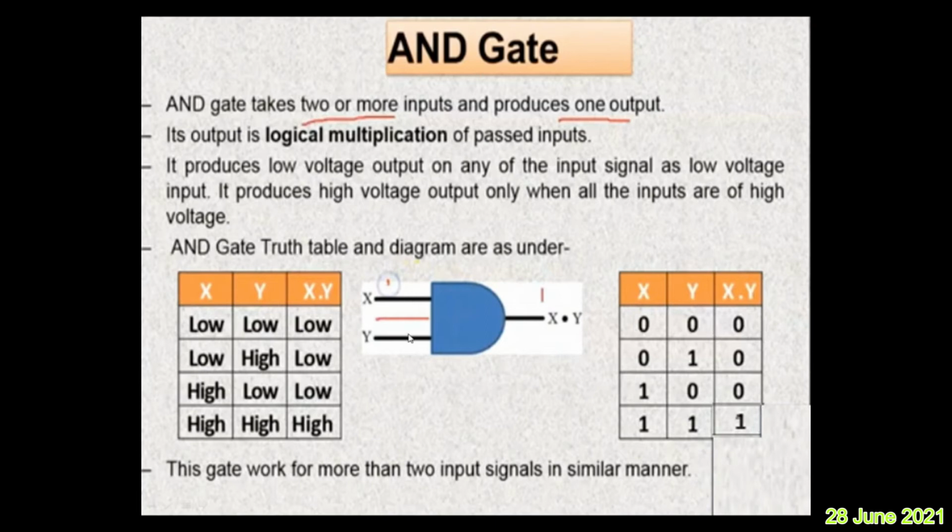X and Y are the inputs shown here, right? The dot is an operator for logical multiplication. Even sometimes while writing the Boolean expression, we will write xy. Xy is understood because between x and y there is a logical multiplication. Dot will be present. This gate works for more than two input signals in a similar manner.